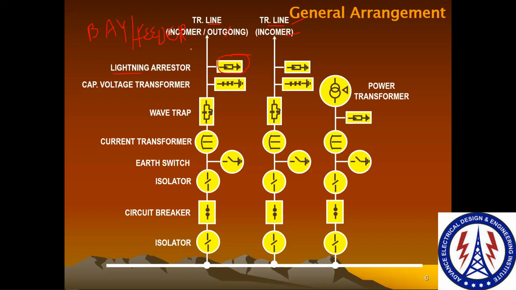Yes, right. Suppose this is substation B, and this line is connected to substation B. This transmission line is present in the outer area of the substation, say 100 kilometers, in an open area which is more prone to lightning.